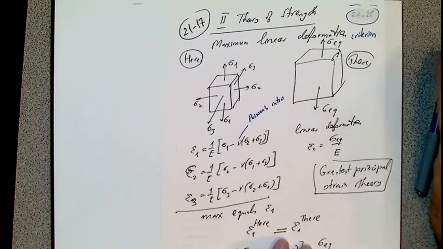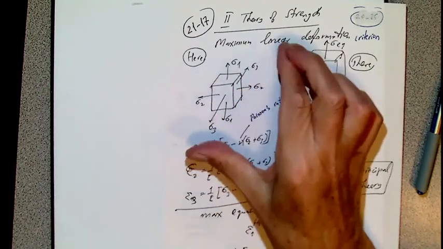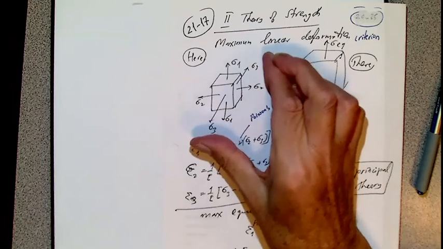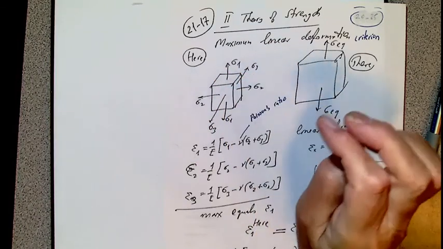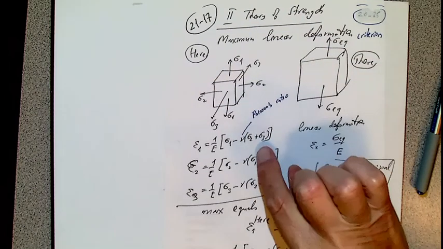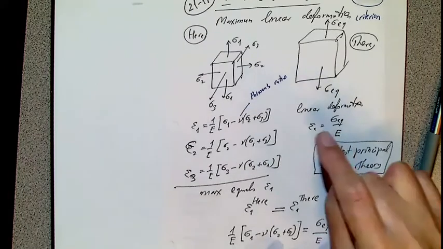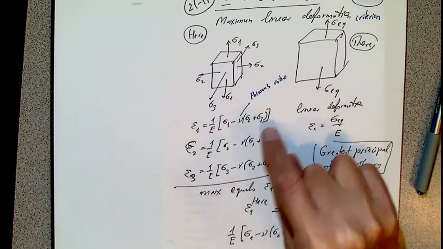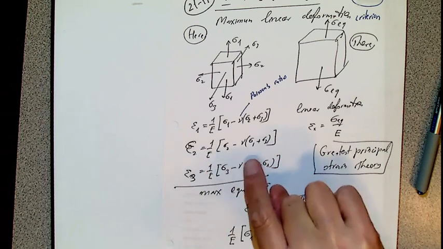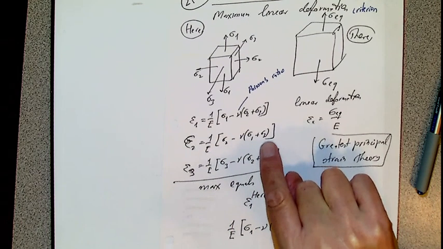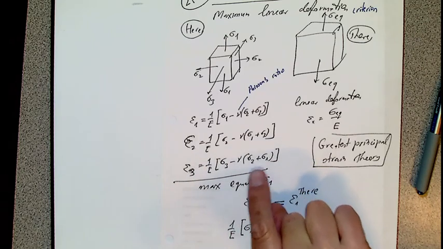Poisson was a French engineer. Analogously, when sigma 3 is extending, then in the x direction there is a shrinkage, analogously minus nu sigma 3 over E. So there is epsilon 1, then epsilon 2, which equals 1 over E times sigma 2 minus nu times sigma 1 plus sigma 3, and epsilon 3 equals 1 over E times sigma 3 minus nu times sigma 2 plus sigma 1.